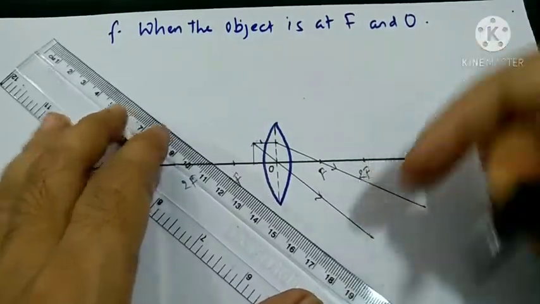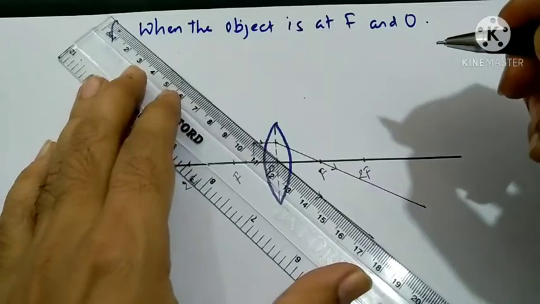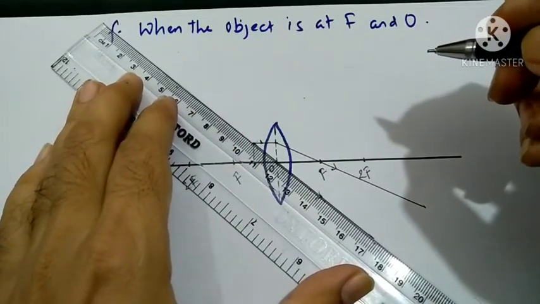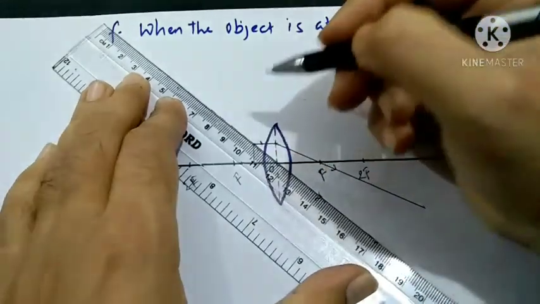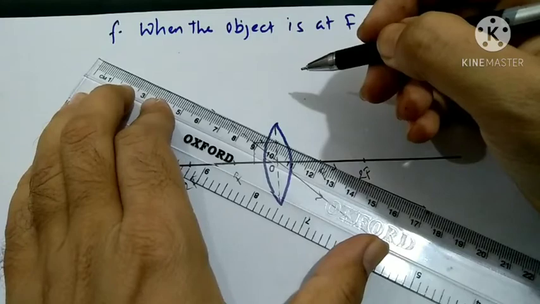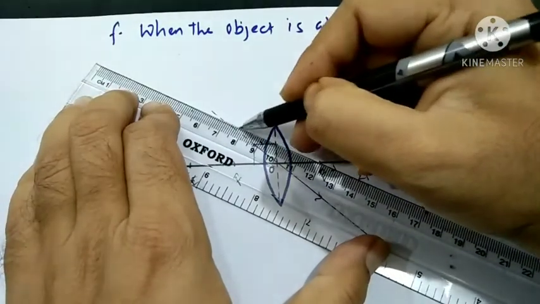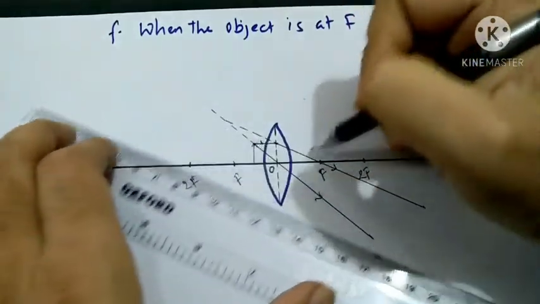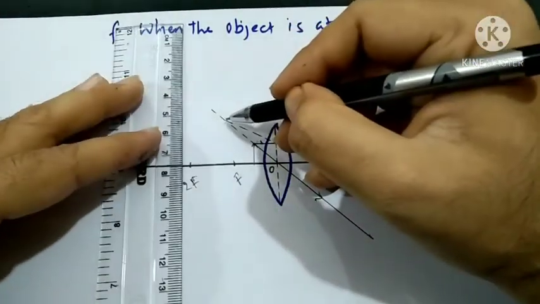These light rays are not meeting here, so what we do is we just extend them in the backward direction with a dotted line. Actually these light rays are virtual rays, so we make them with a dotted line. So these two light rays appear to meet at the back part. So here is the point of intersection.